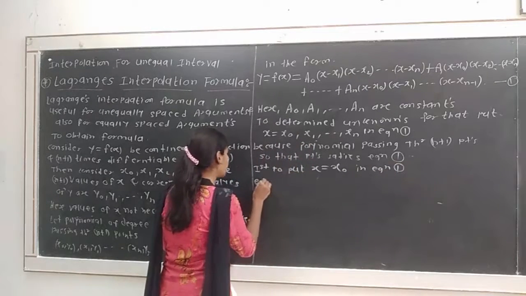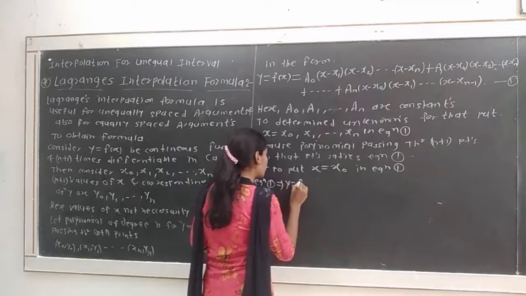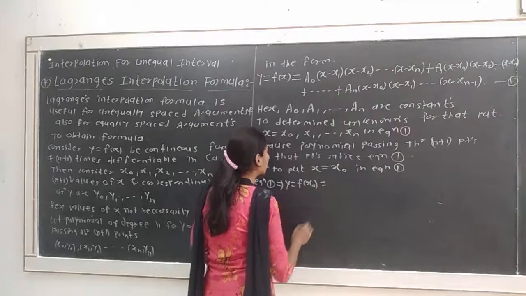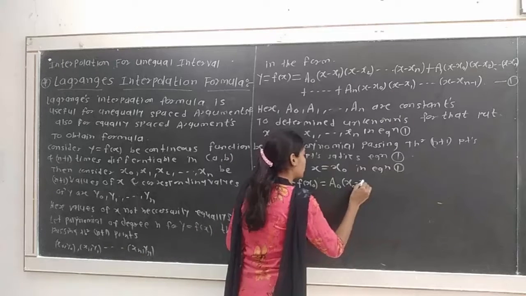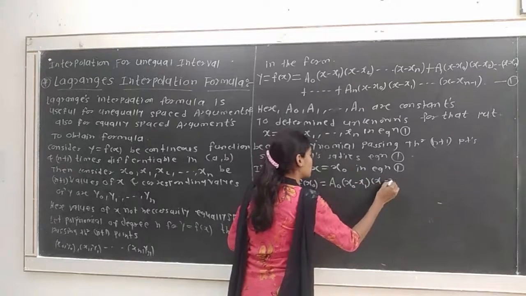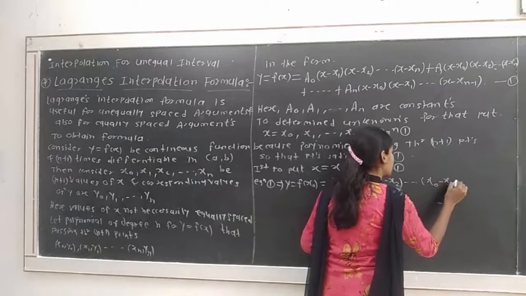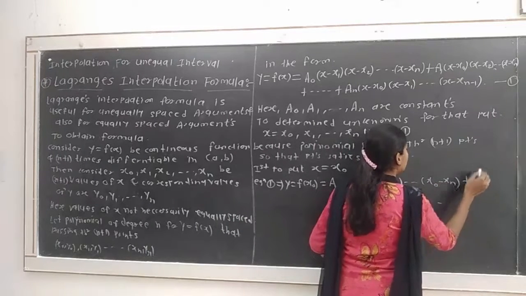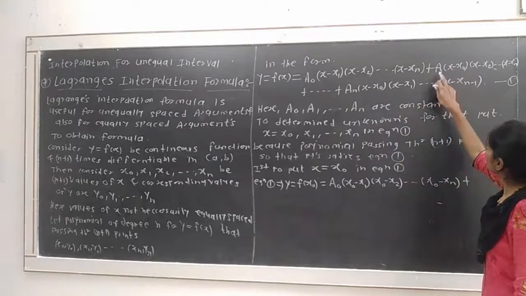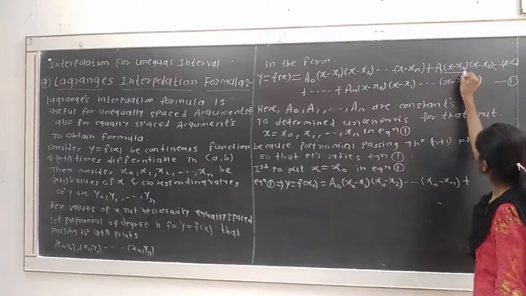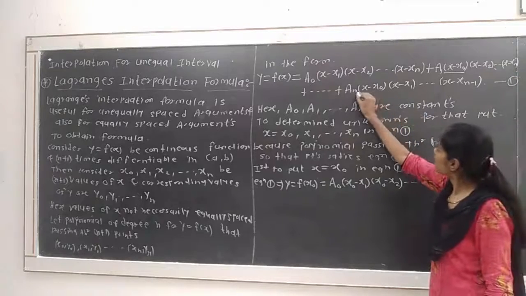Equation number 1 becomes y is equal to f of x0 is equal to A0 (x0 minus x1)(x0 minus x2) up to (x0 minus xn), then plus the terms A1 (x minus x0)(x minus x2) up to (x minus xn) and so on up to the last term.